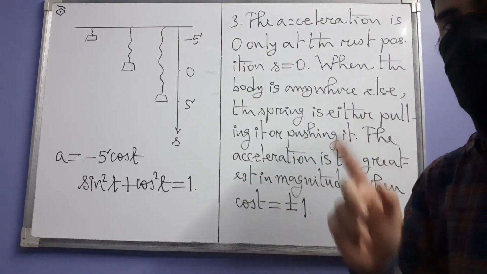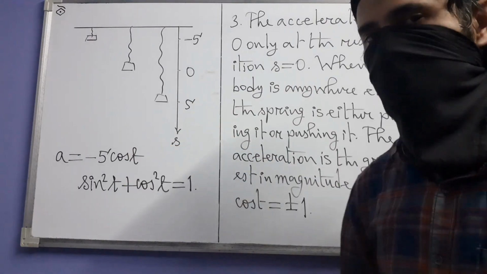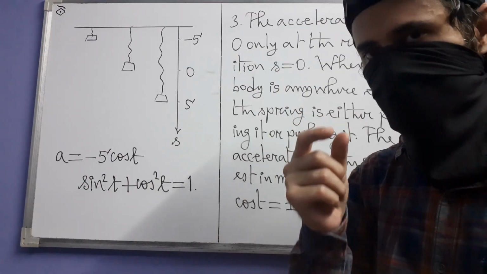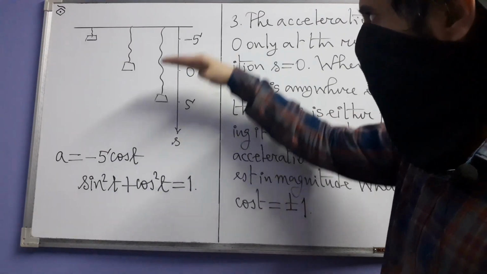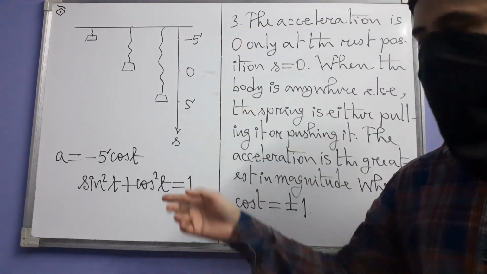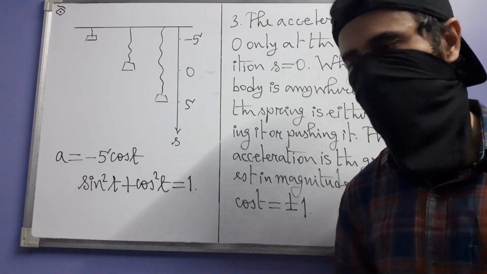When cos t is 1, s is 5. So then the acceleration has maximum magnitude and the magnitude is 5. And when cos t is minus 1, then s is minus 5. So there at that instant also the acceleration has the greatest magnitude 5.